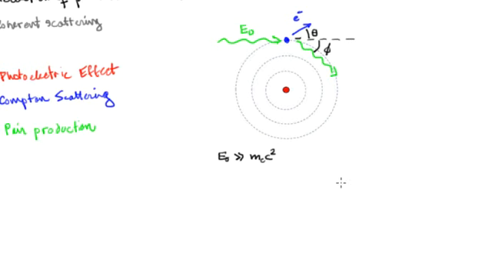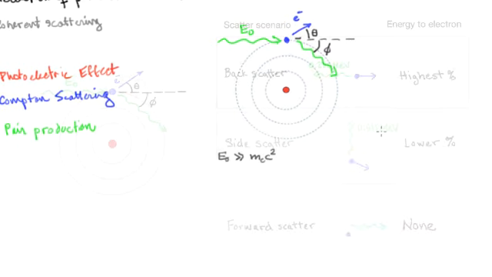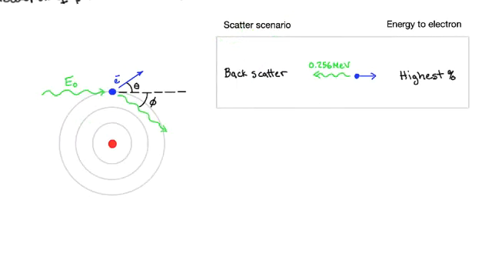So in that situation, then, what happens is you can draw things kind of in terms of different directions. So here's the electron, and if the photon is actually scattered backwards, like this, it's going to have a particular energy, and that energy is actually 0.256 MeV, half the electron rest mass energy.